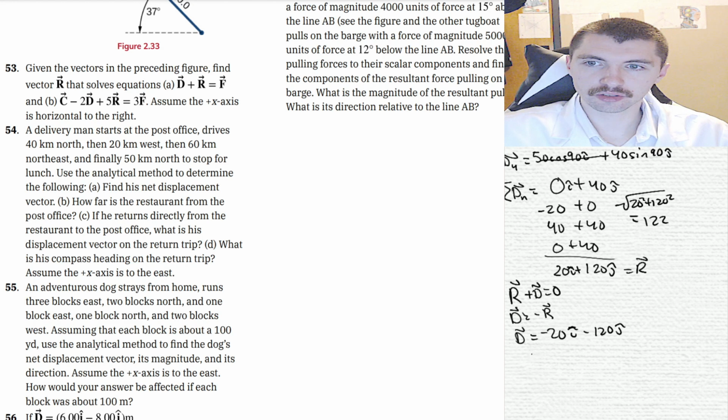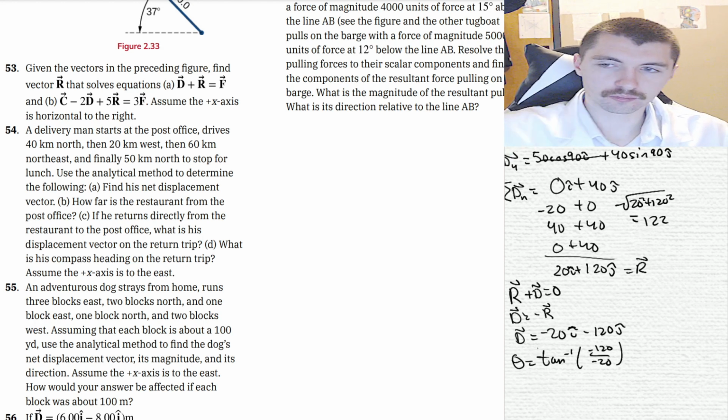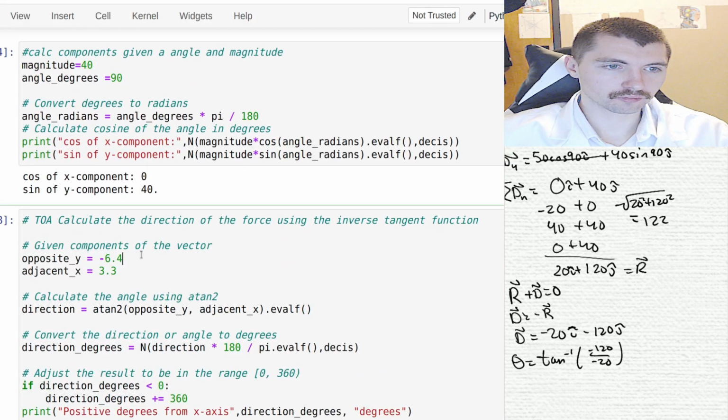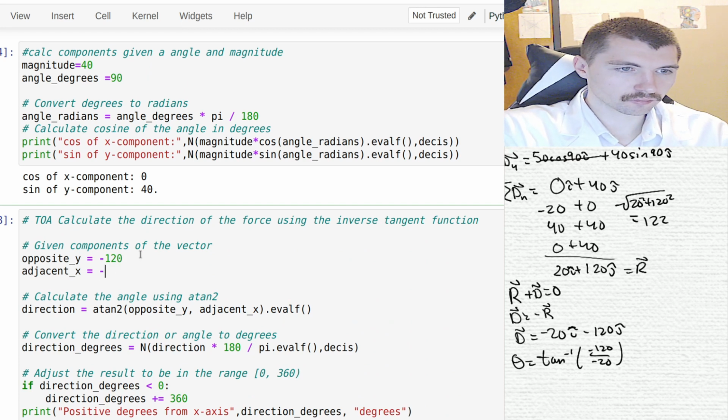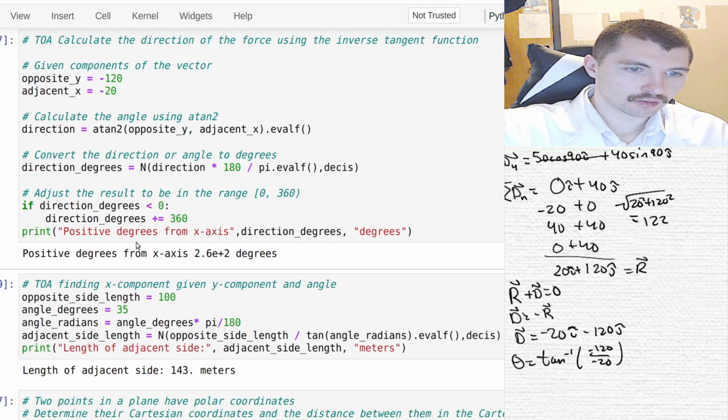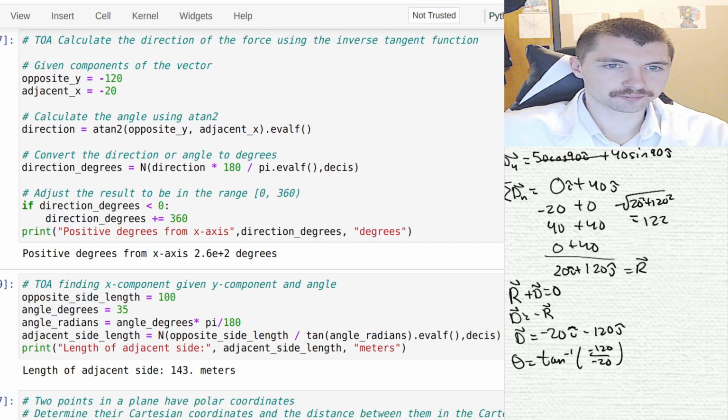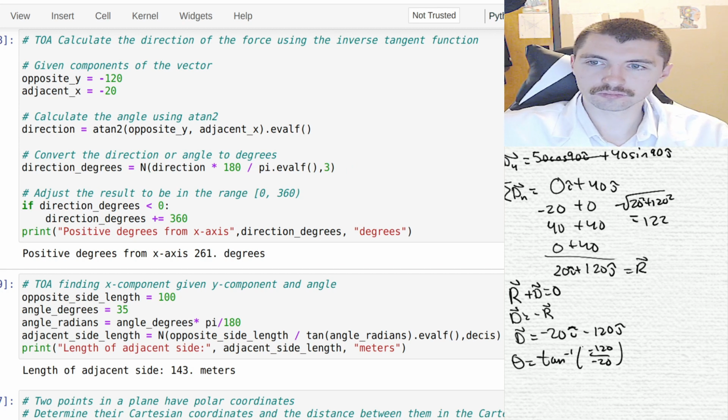Okay, what is his compass heading on the return trip? Okay, so this we do theta is the inverse tangent, so 261.